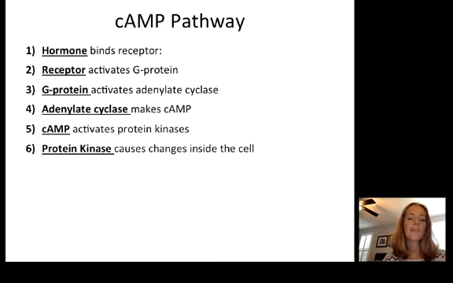So I always tell my students, we would go to these biochemistry lectures when I was in graduate school, and it's sort of like blah, blah, blah, activates protein kinases, makes many changes inside the cell, blah, blah, blah. So if you ever want to sound smart with a biochemist, then you say, oh yeah, cyclic AMP activates protein kinases. Yep, makes a lot of changes inside the cell.